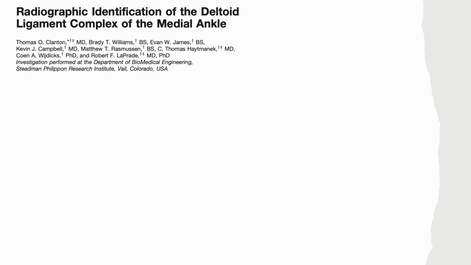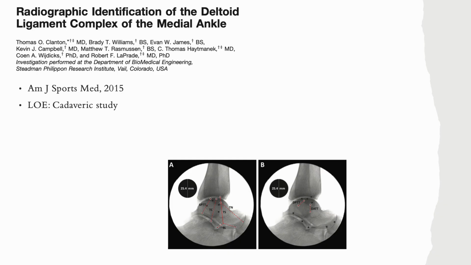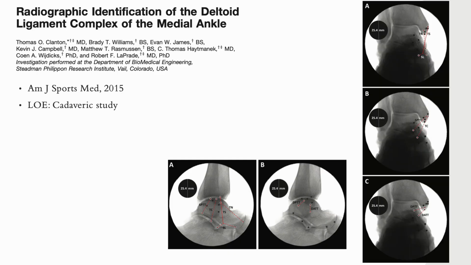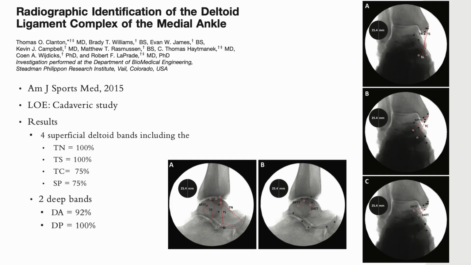Radiographic identification. I think we all have to know where to place anchors, where to repair things, and where our normal anatomy is. So Clanton et al. just did a great study. They have one very similar on the lateral ankle complex. In this 2015 cadaver study, they dissected them out. Again, it's hard to see, and I don't want to belittle this, but you should just take a look because it goes hand in hand with the MRI study, showing where these ligaments are.